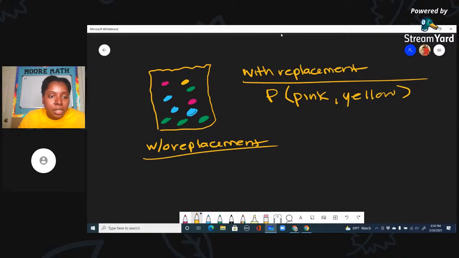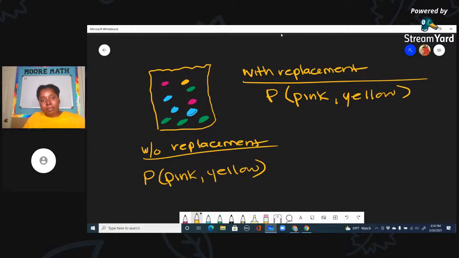That's with replacement, and that's supposed to say without replacement, but that O is very close. Okay, it's the same thing. So probability of pink and then yellow. Okay, tell me what you got.